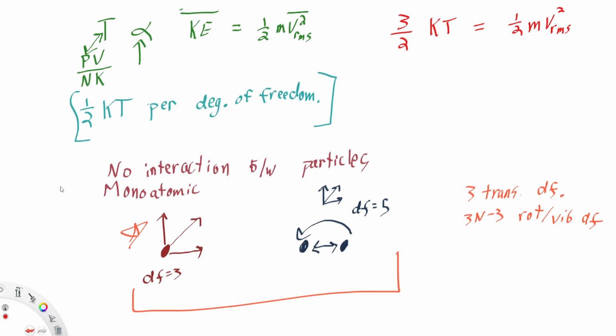If instead of a single particle, physicists love to study single particles one at a time, but if you have more than one particle, then we just add a factor of n in there. So if we have n particles, and this is how I usually think of the equipartition theorem for monoatomic atoms. Okay.